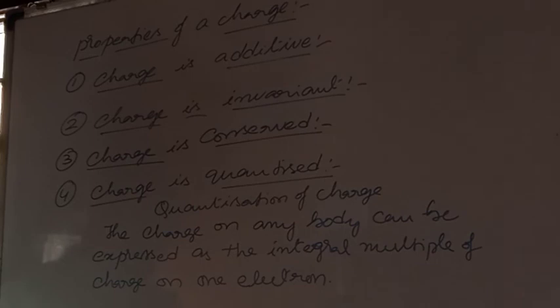The integral multiple of charge on one electron. So this property is called the quantization of charge. That means the charge on any body can be expressed as the integral multiple of charge on one electron.